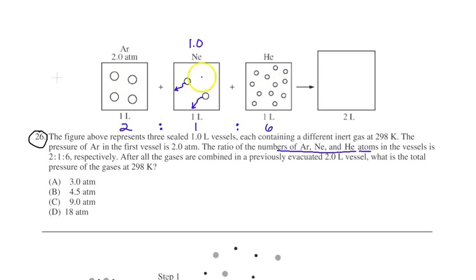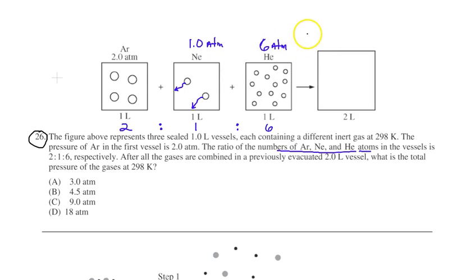There's 4 here. There's 3 times the number. So the number of atoms here is 3 times this number. 3 times 2 gives me a pressure of 6 atmospheres. So we have 2 atmospheres of pressure to 1 atmosphere of pressure to 6 atmospheres of pressure.